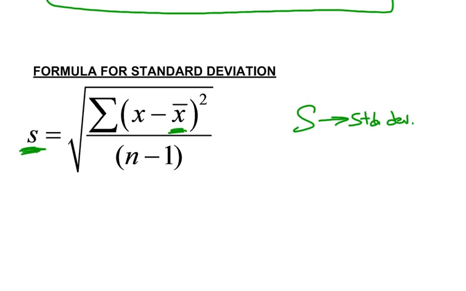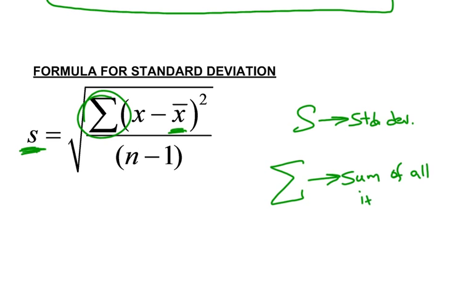X bar, of course, is the mean, and we've always said that n is equal to the number of items in our set. And you may remember that the symbol sigma means that we are going to get the sum of all items.